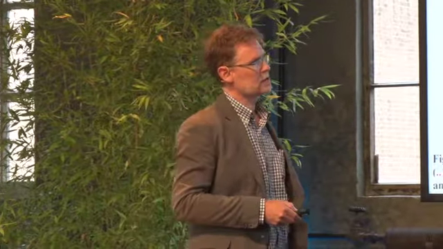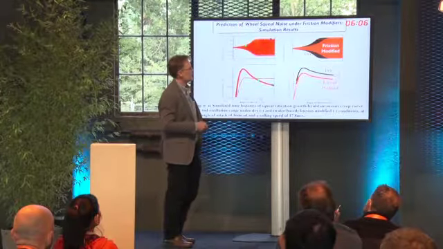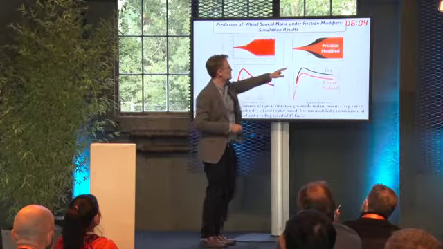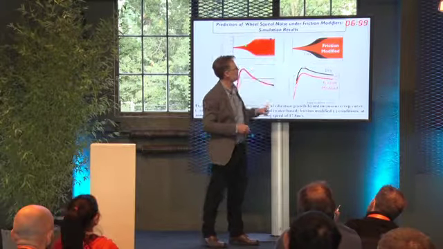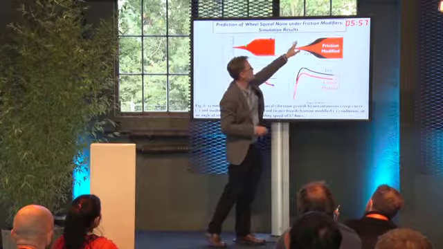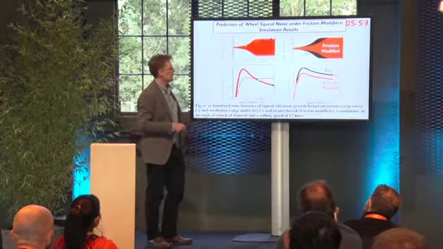Based on this analysis, we were able to predict the steady state amplitude of squeal under both dry and friction modified conditions. That's showing the simulations. Our analytical prediction is shown there, which is reasonably close.